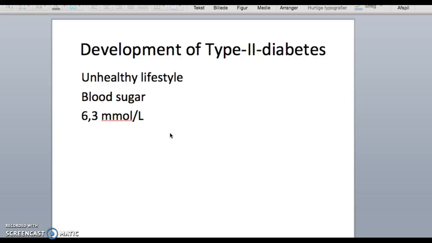And this causes a rise in the amount of sugar in the blood, also called the blood sugar or the glucose concentration. And you say when the blood sugar is constantly higher than 6.3 millimoles per liter, you're diagnosed with the disease, type 2 diabetes.